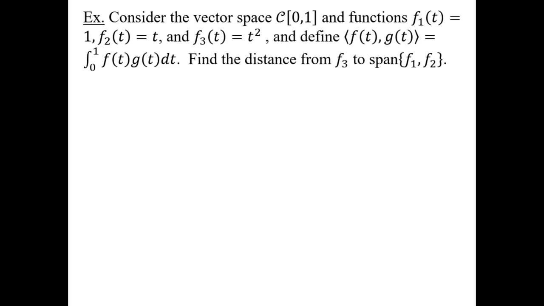Just saying our basis is 1 and t, that's fine, but that's not an orthogonal basis. In fact, we could show that f1 and f2 are not orthogonal under this definition of the inner product. If I were to do f1 times f2, so 1 times t, and then integrate that, I'm not going to get a result of 0. So it's not going to work.